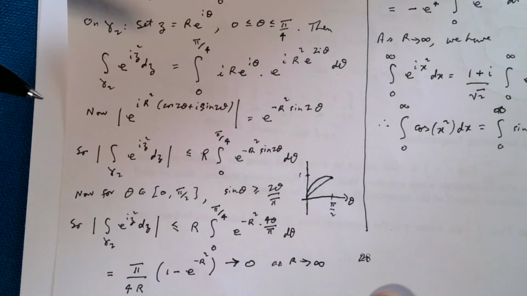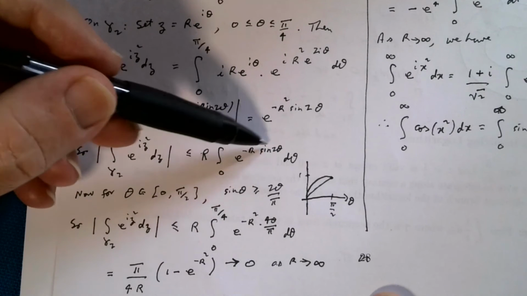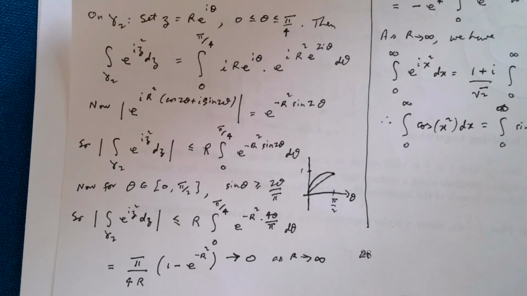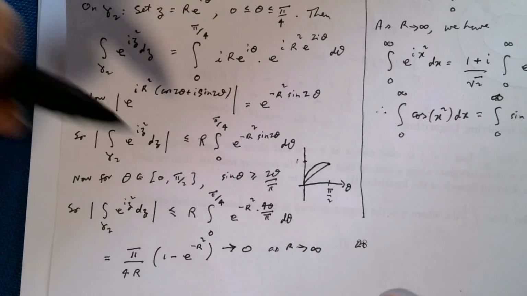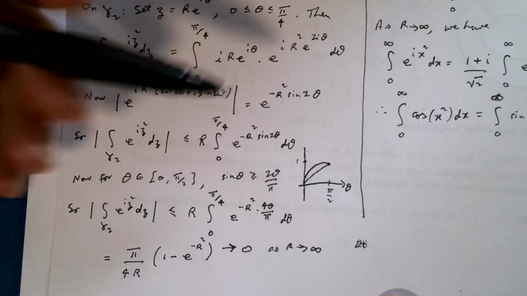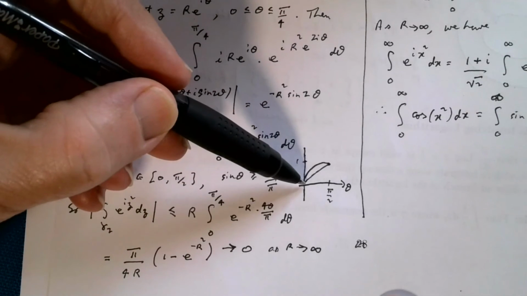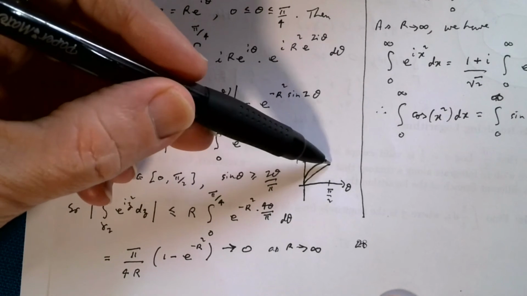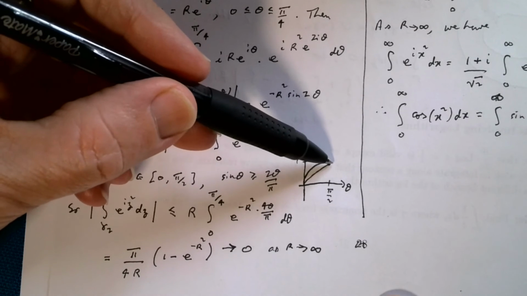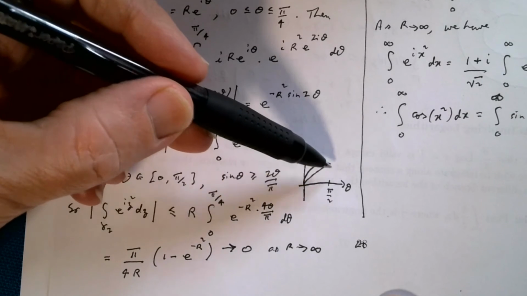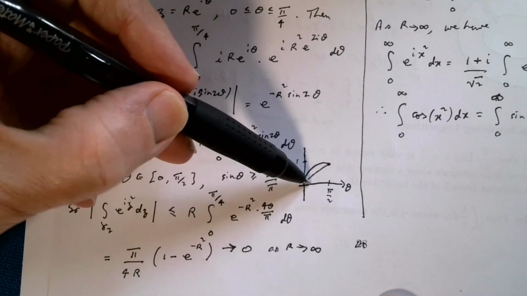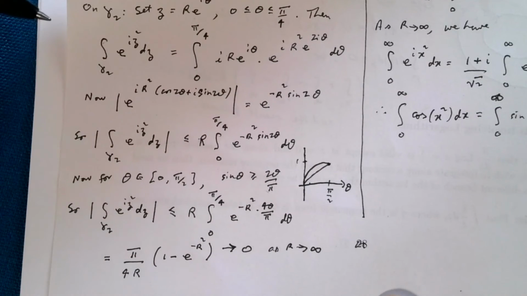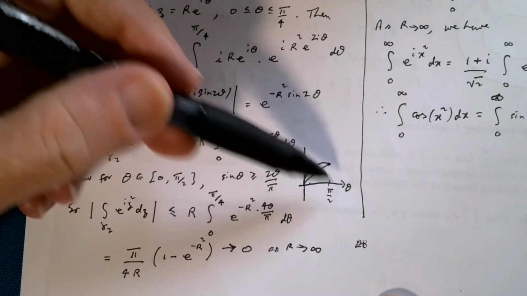What's making it complicated is the sine 2 theta, so I want to bound that by taking theta in the interval from 0 to pi on 2. If you draw a little picture of sine theta, you can see that it's concave between 0 and pi on 2, so this height is bigger than the line joining these two, which has equation 2 theta on pi, because the gradient of this line is 2 on pi.